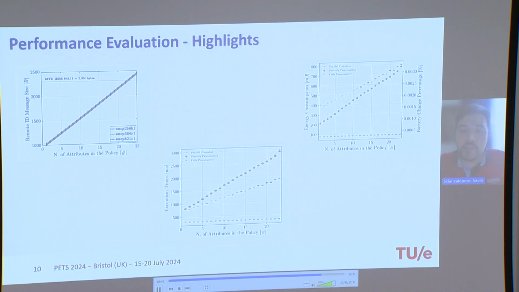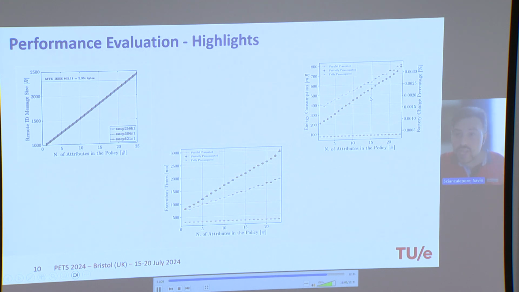The other two graphs here show the execution time of our solution and the energy consumption on the most constrained deployment, that is the one on the ESP32. From the figure in the middle, you can see that as for the execution time, for all the computation strategies implemented, we are below the limit of 3 seconds. That is the limit imposed by the remote ID regulation.